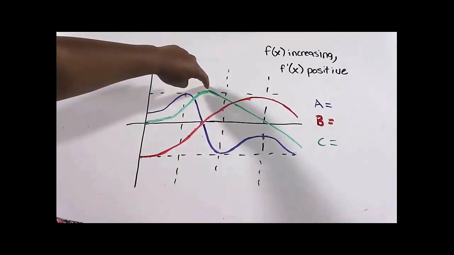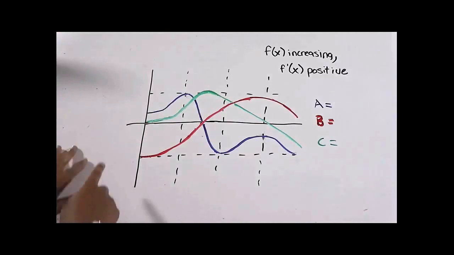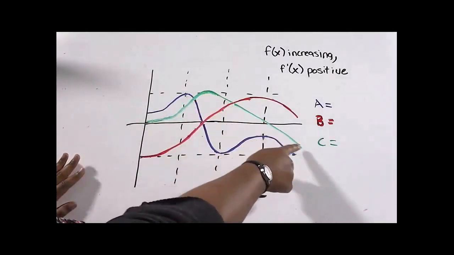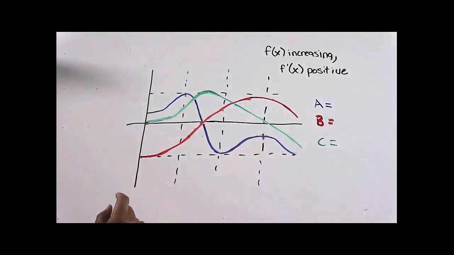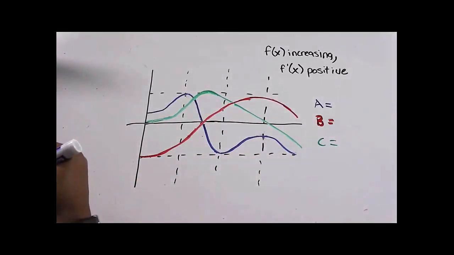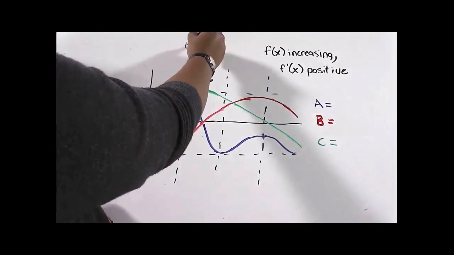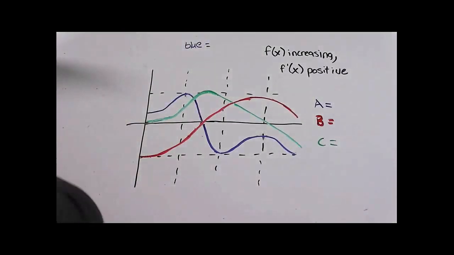As soon as the green graph starts to decrease, the blue graph goes below the x-axis. And now that the green graph keeps decreasing, the blue graph stays below the x-axis. So we can say that the blue graph is equal to the derivative of the green one.